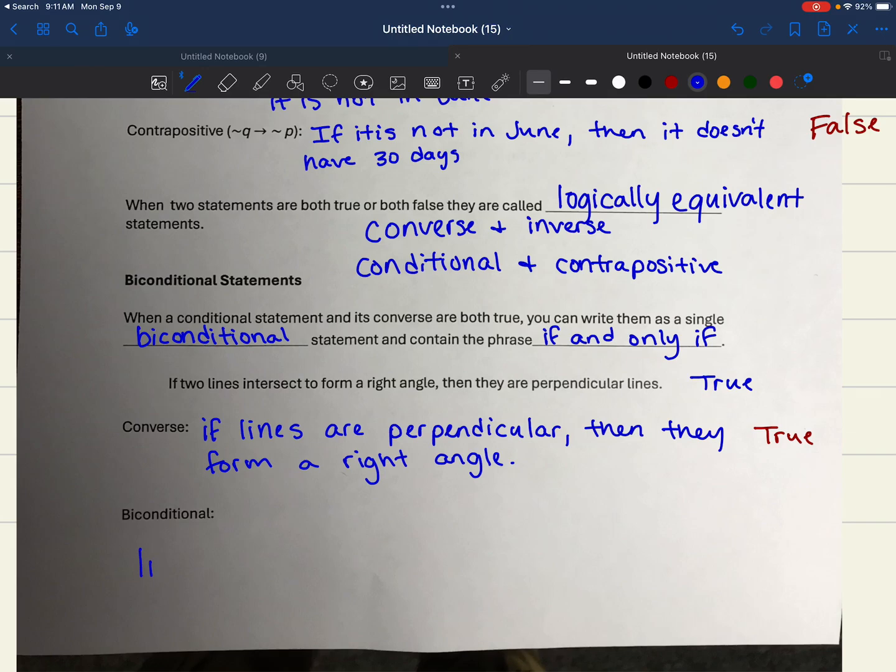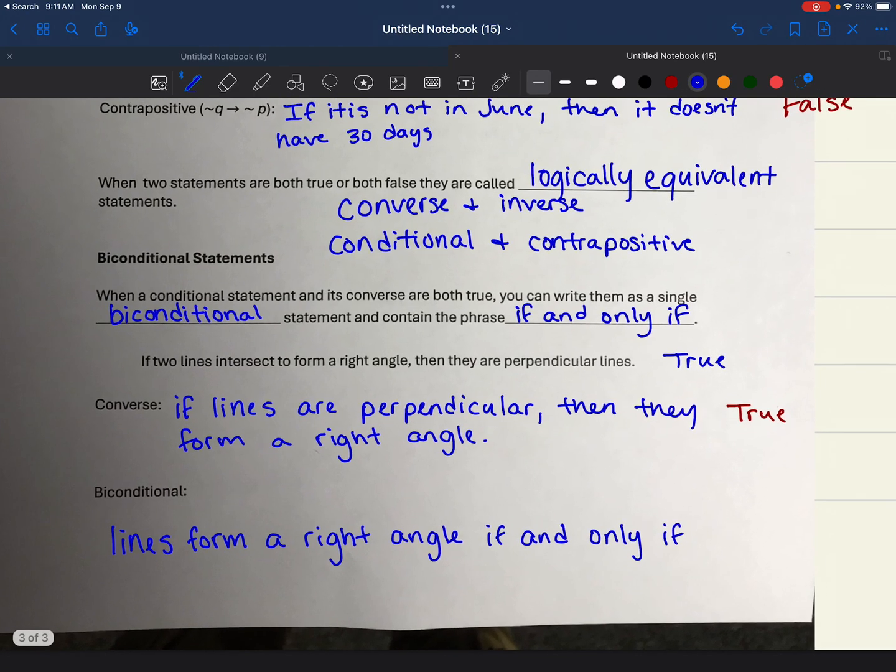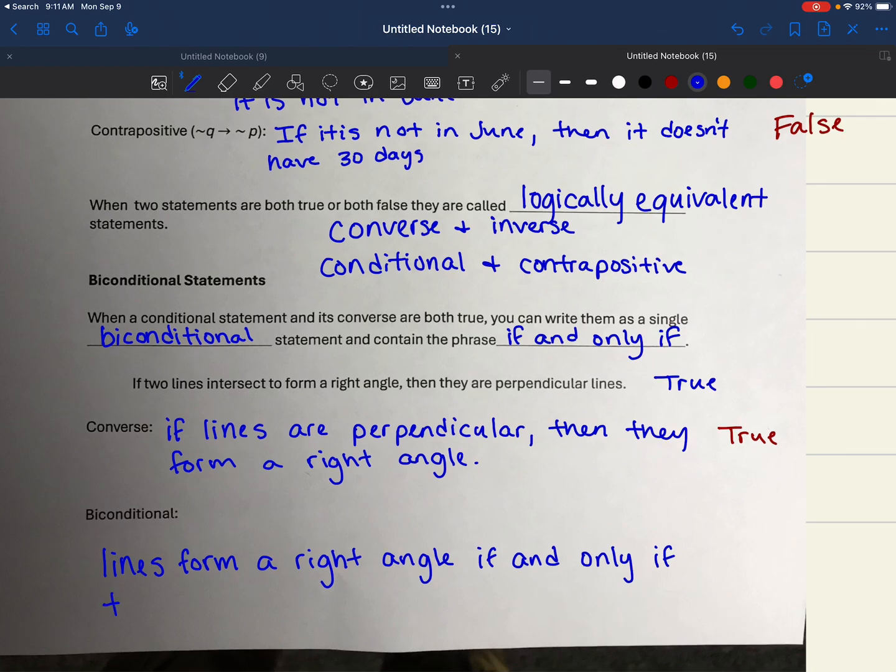So we can say lines form a right angle, if and only if what? What would be the rest of that?